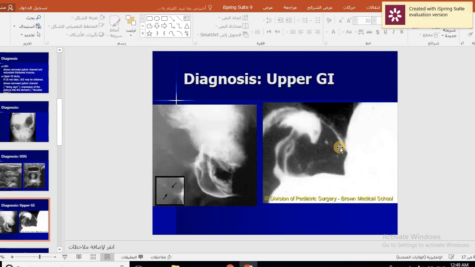A barium meal can be done in which there is a string-like passage of barium because of redundancy of mucosa inside the pyloric channel.